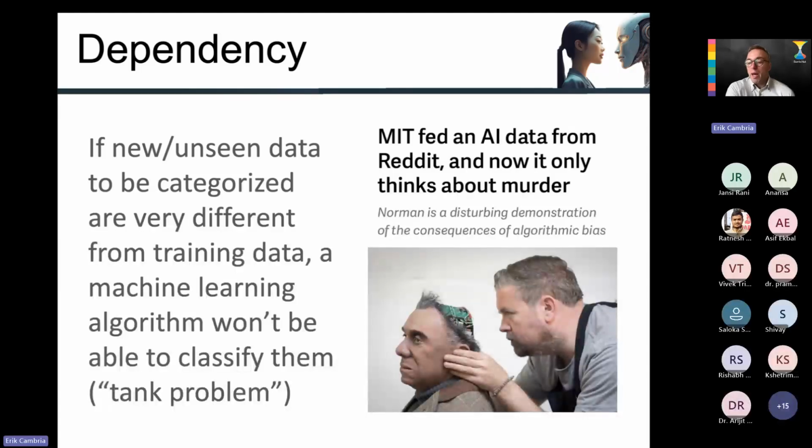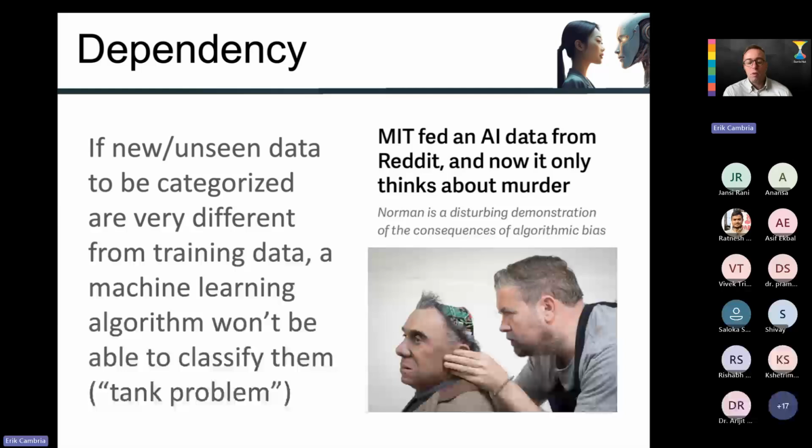So if your data is bad, and we'll talk about data in the last lecture, about how data needs to be unbiased, comprehensive, and balanced. If you have any of these problems, then your model, no matter how good it is in terms of the technicalities of the model, will not be good. It still has this dependency. It's not robust enough to go beyond the data.